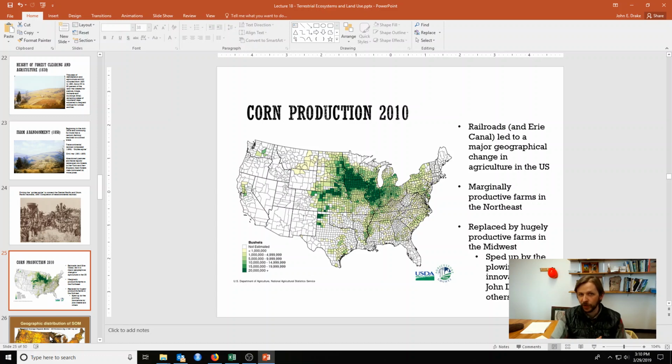They tend to be better for agriculture, and comparatively better than many of the rocky, thin, and poor soils in the Northeast. So much of the farming that was happening in the early 1800s in the Northeast, those farmlands were abandoned as those people and the production of agricultural goods shifted towards the Midwest.